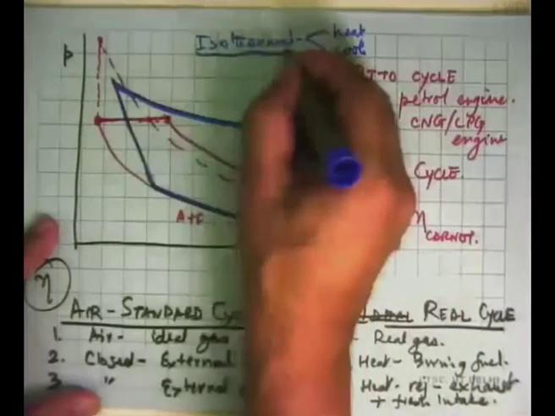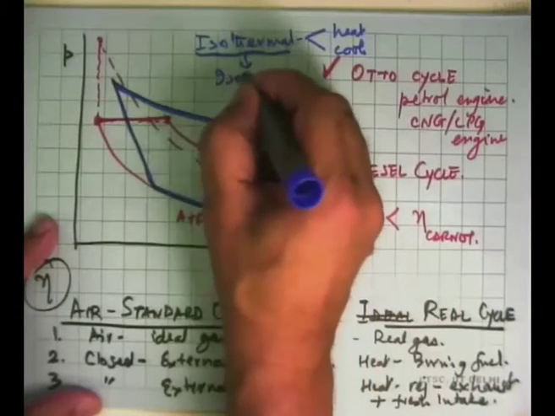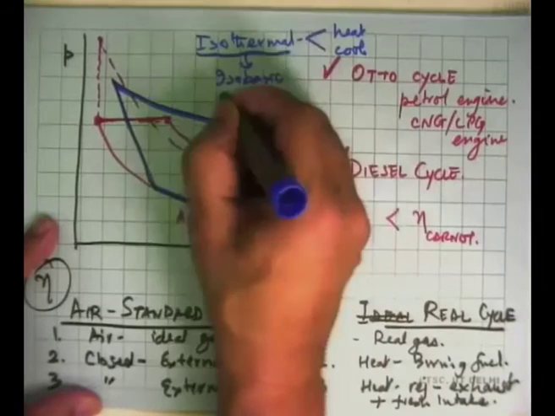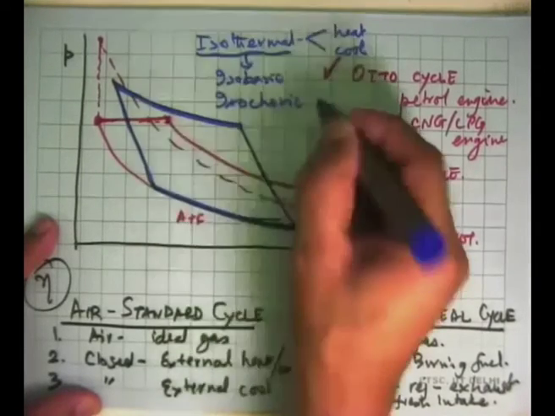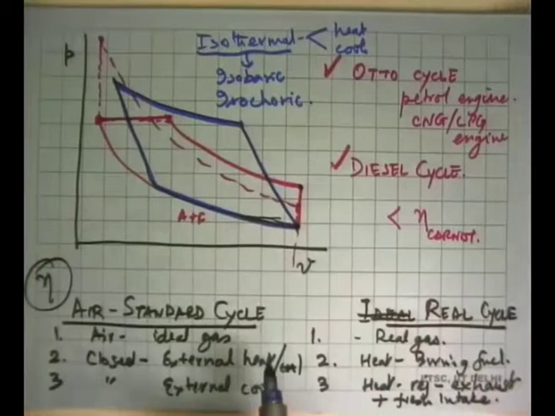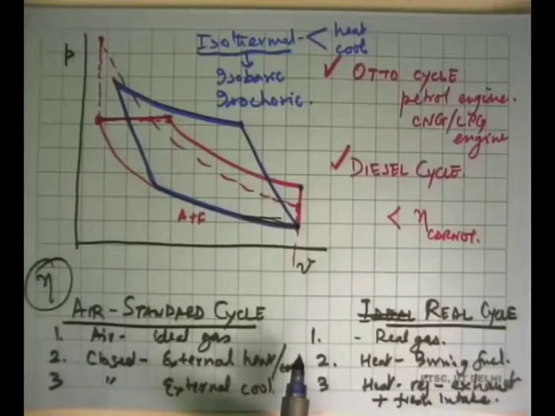We replaced the isothermal part by either an isobaric or an isochoric process, constant pressure heat transfer or constant volume heat transfer. That's what we have done.